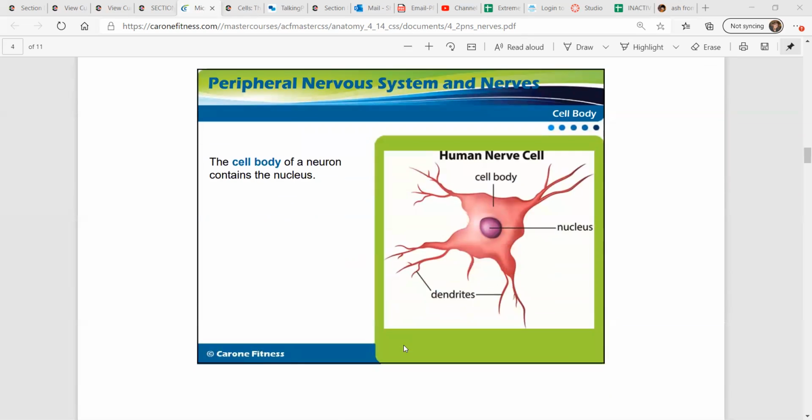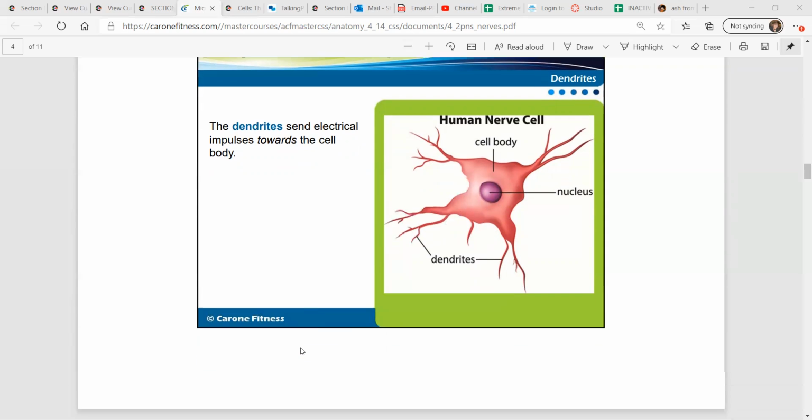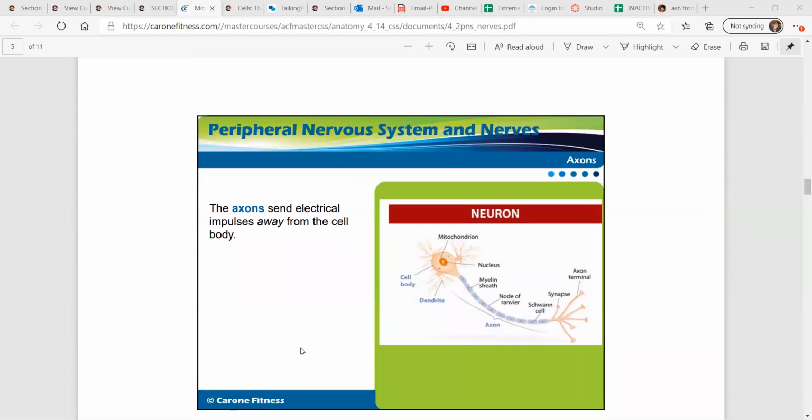The cell body of a neuron contains the nucleus, while the dendrites send electrical impulses towards the cell body itself. And the axon sends electrical impulses away from the cell.